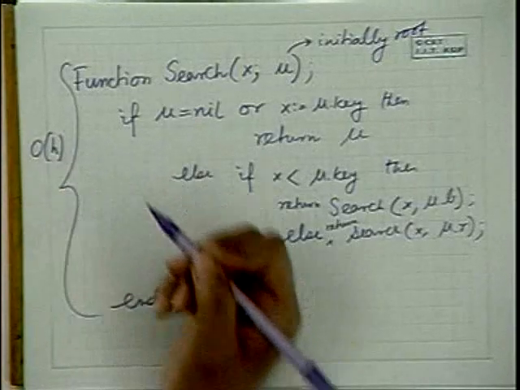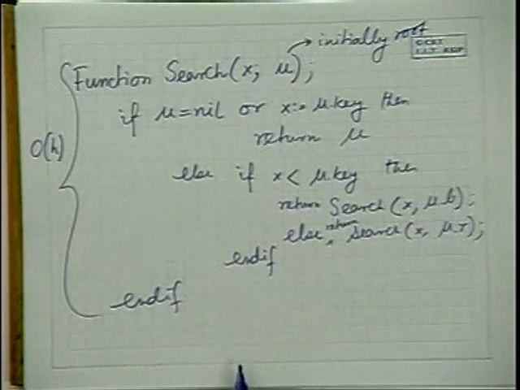After going through all this, you should say order of h. Yes, that's the correct answer, where h is the height of the tree. Why should you commit to whether h is n or log n? The better answer is order of h, where h is the height of the tree.